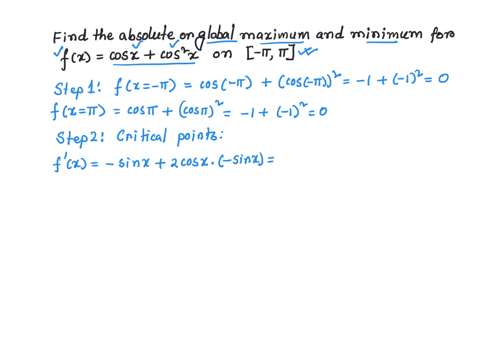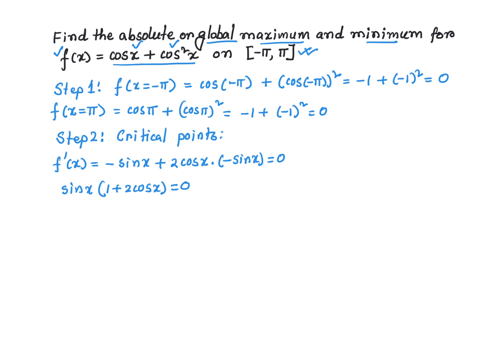And all of it equal to 0. Now, if I factor out negative sine of x, I get 1 plus 2 cosine of x is equal to 0.